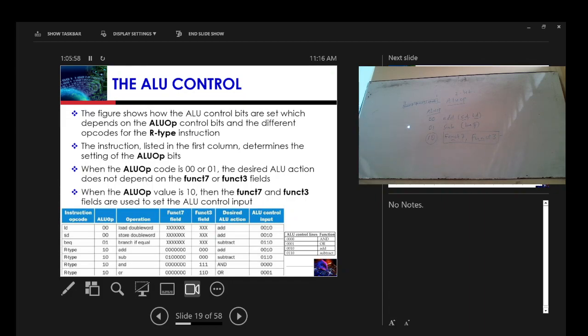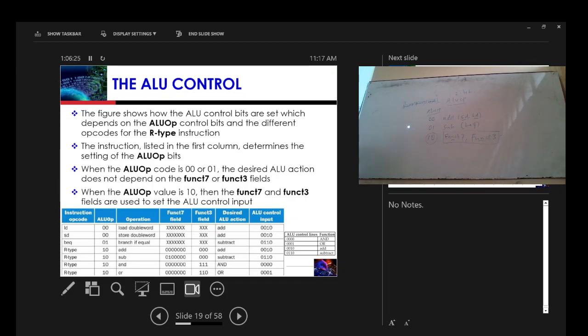If it is 10, now the 10 means that we care about this code. The 10 here means go to the funct 7 and the funct 3 to determine the operation, right? So here is 10. If our funct 7 is 0000000 and our funct 3 is 000, then we are doing an addition, and the ALU control is 0010.